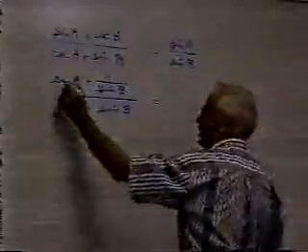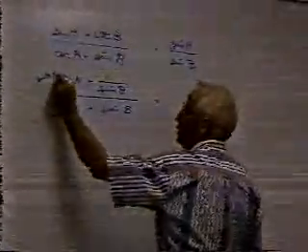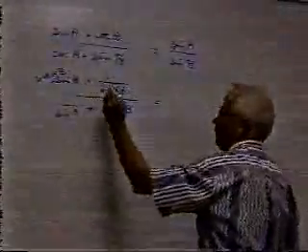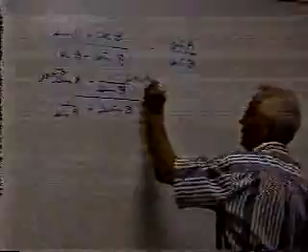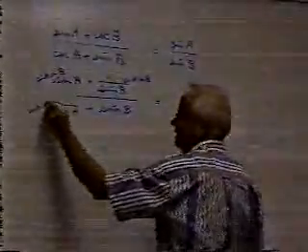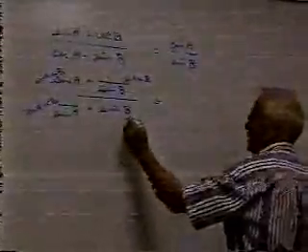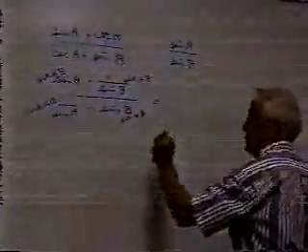So I'm going to multiply each of these terms by the sine of A, sine of B. And what do I get?